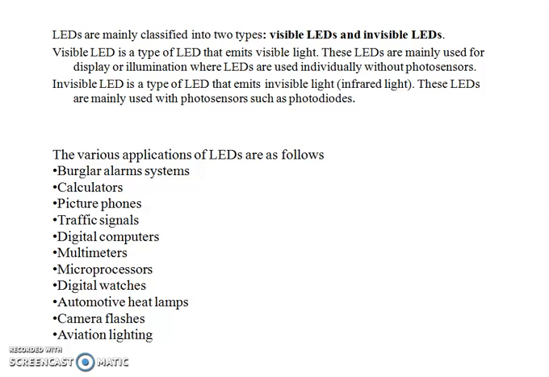They have two types also, visible and invisible LEDs. What you use in your remote control is an invisible LED, the infrared type, or ultraviolet also, and beyond that as well. This is called an invisible LED, and all visible LEDs are what you use for light. So that is one of the applications of your diodes.